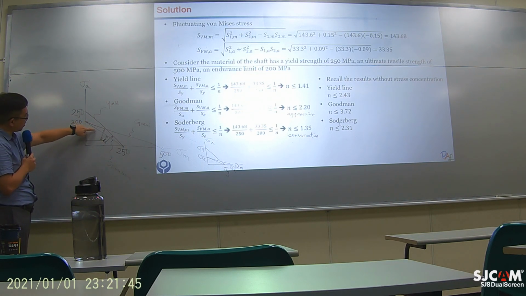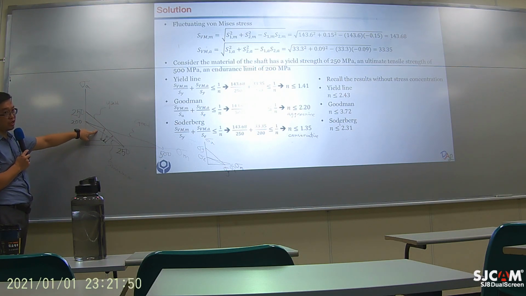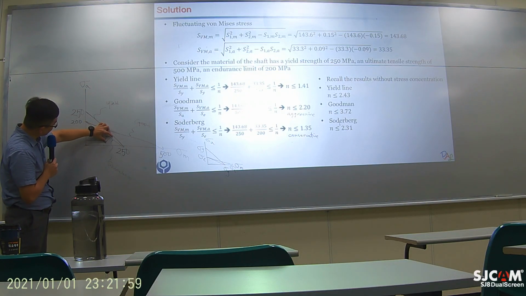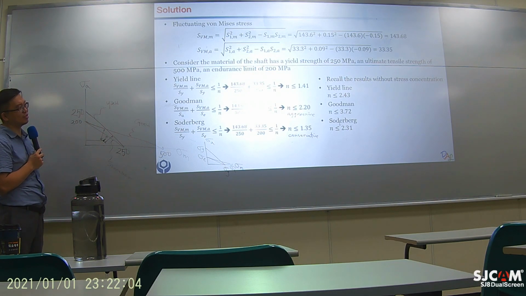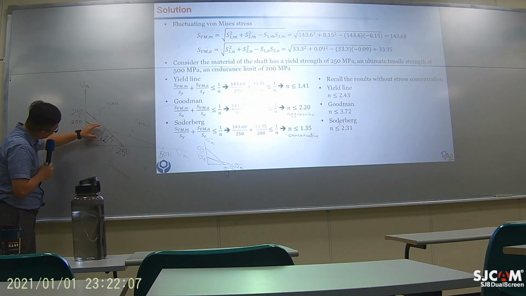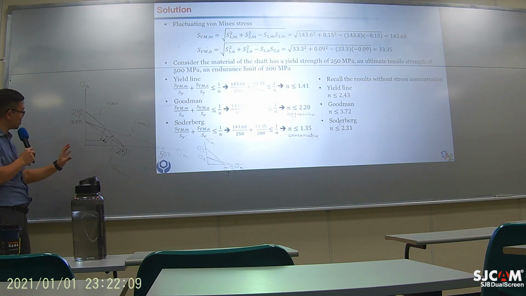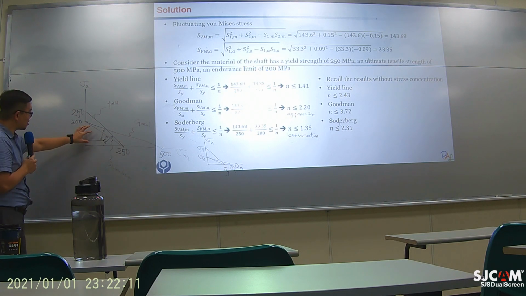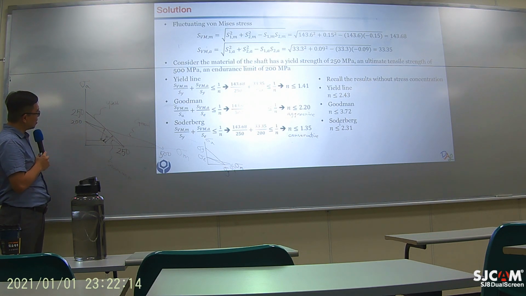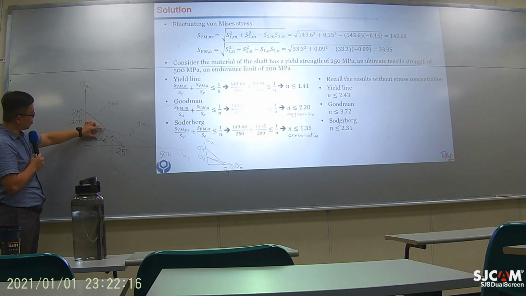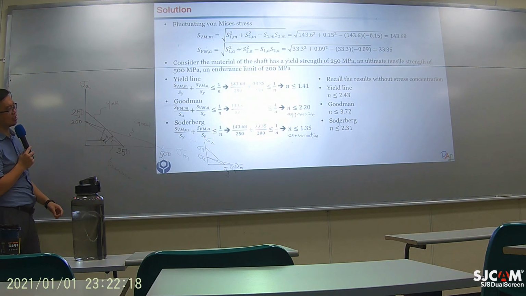From here, the distance from the design point to the Soderberg model is the shortest, so it's the most conservative model. And the one to the yield line is shorter than the one to Goodman. So my drawing is kind of right, but not exactly accurate. But still, you can observe the one to Goodman could be the longest.